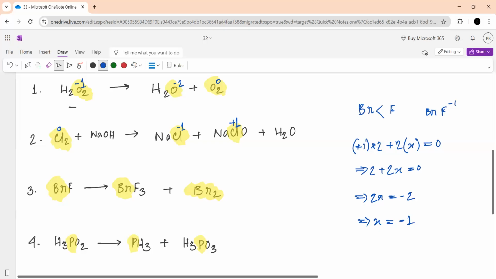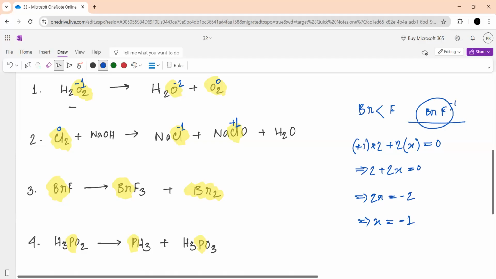So if fluorine is more electronegative than bromine, and we have a compound where we have both fluorine and bromine, in that case, fluorine will have the negative charge and bromine will have the positive charge.